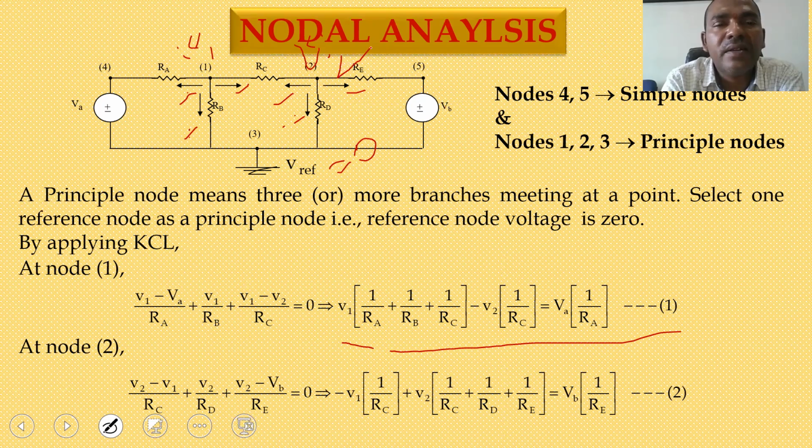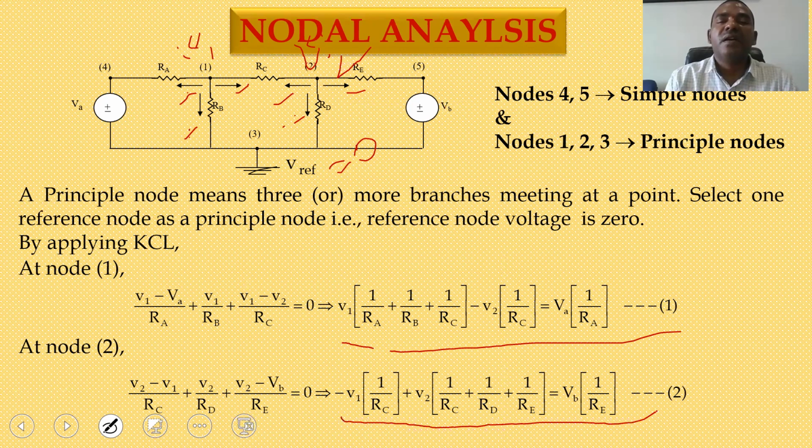And the third current is V2 minus VB by RE. The 3 current summation must be equal to 0. After simplification, minus V1 into 1 by RC plus V2 into 1 by RC plus 1 by RD plus 1 by RE is equal to VB by RE. So this is your second equilibrium equation.